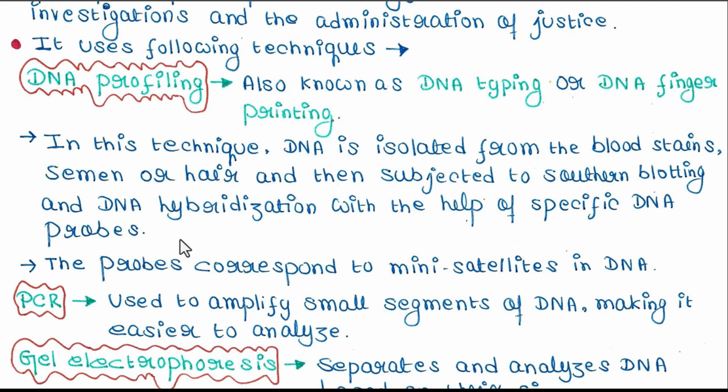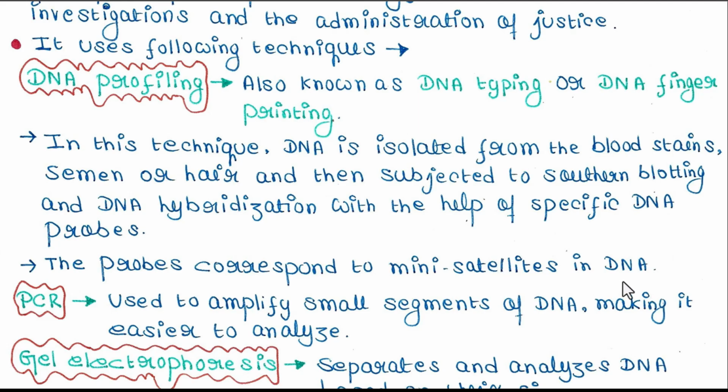So we all know that in southern blotting technique, the DNA hybridization takes place by using specific DNA probes, and the probes correspond to mini satellites in DNA.